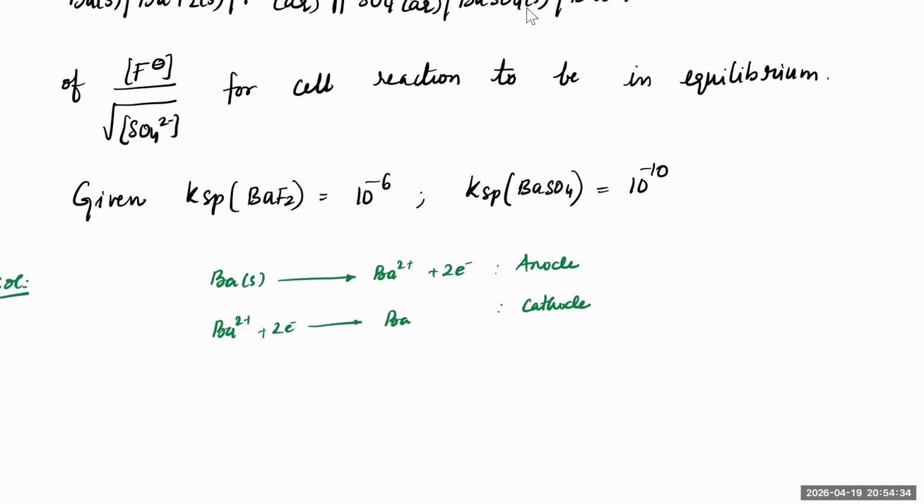So in that case, E cell will be equal to E naught cell, which is 0, minus 0.0591 by 2 log of Q. So Q basically here is the barium 2+ concentration at the anode upon the barium 2+ concentration at the cathode.